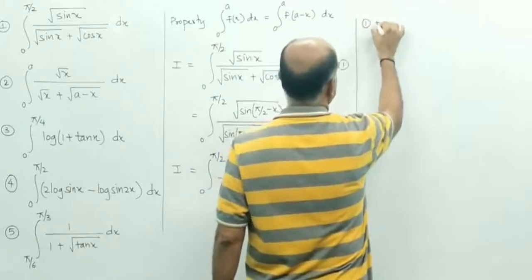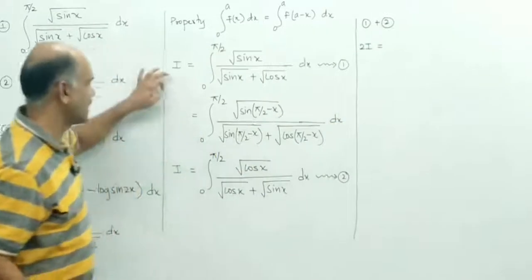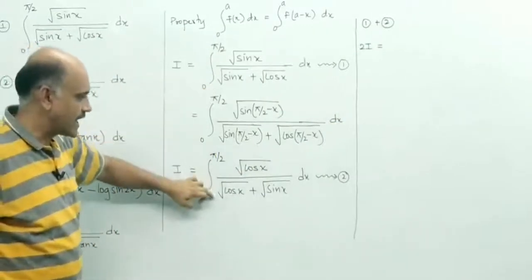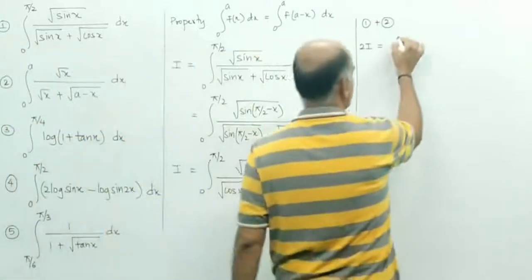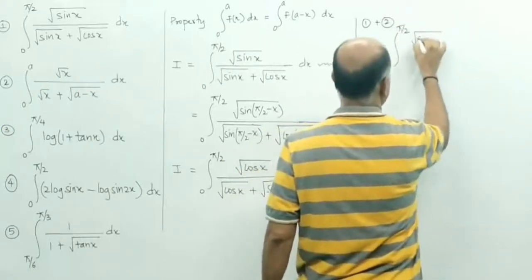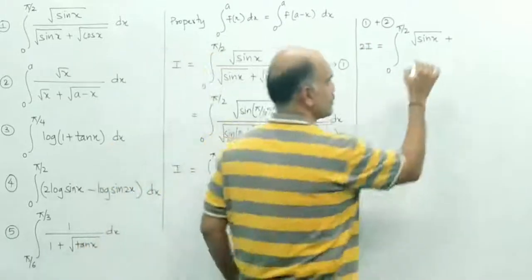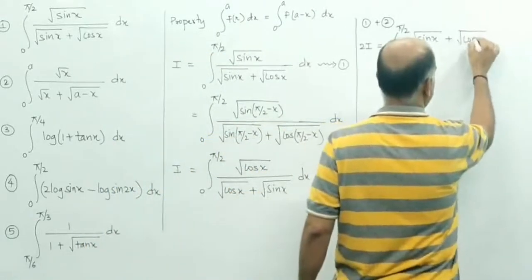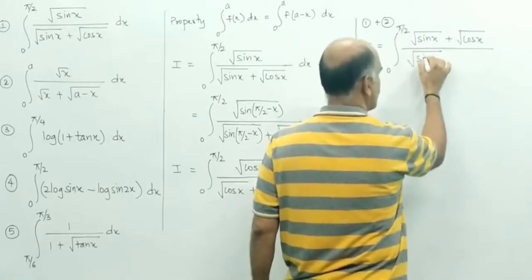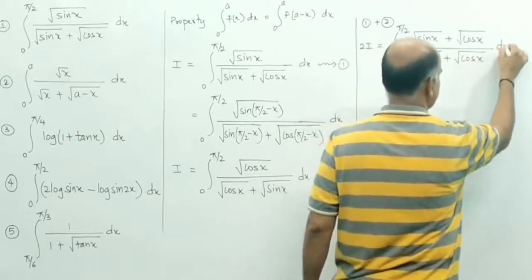So 1 plus 2 is equal to 2I, LHS is I and I am required to find value of I. If I add both, LCM is same, so you will have 0 to pi by 2 root of sin x plus root of cos x, and denominator of both is same, that is root of sin x plus root of cos x dx.